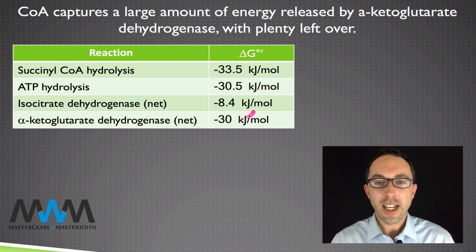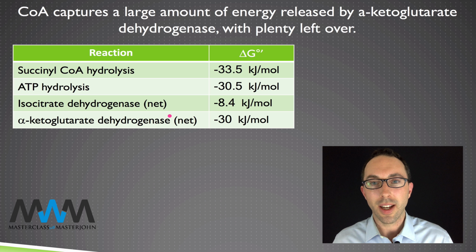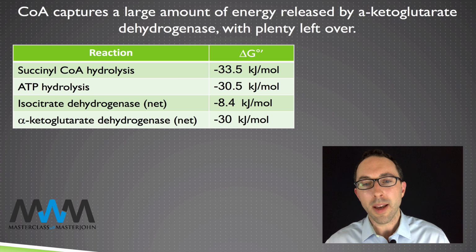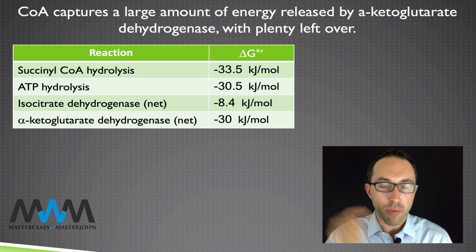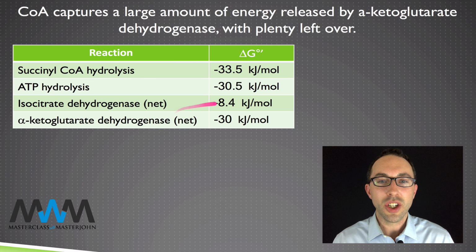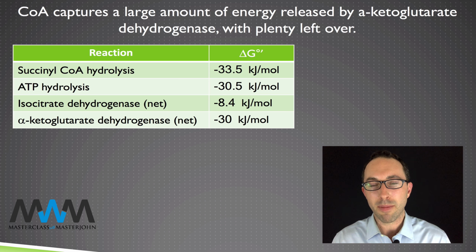Now, the large negative delta G of this net reaction helps make it incredibly energetically favorable and helps provide an enormous amount of direction in favor of the products that makes that reaction essentially irreversible. In fact, the negative delta G for isocitrate dehydrogenase essentially does the same thing for that enzyme as well.